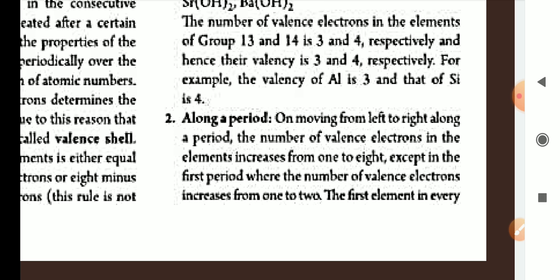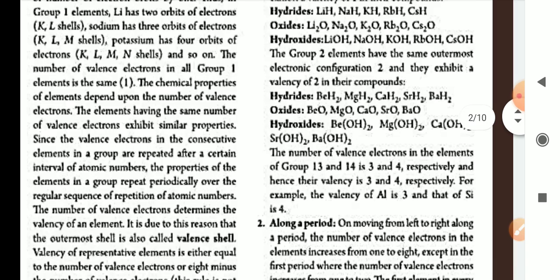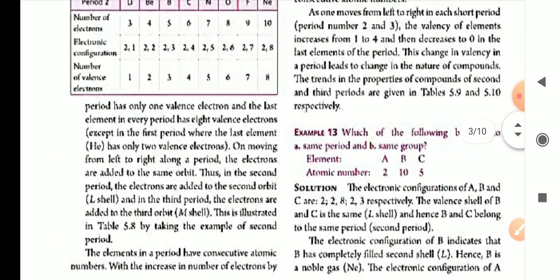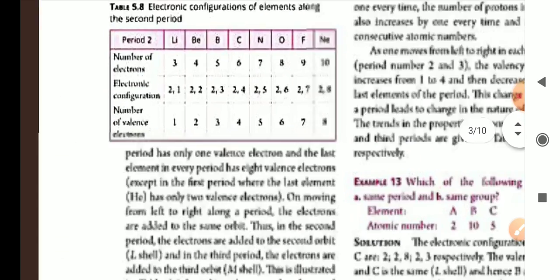Initially it will increase up to 8, then again decrease from 8 to 1, except in the first period where the number of valence electrons increases from 1 to 2 because helium has 2 electrons. The first element in every period has only one valence electron.